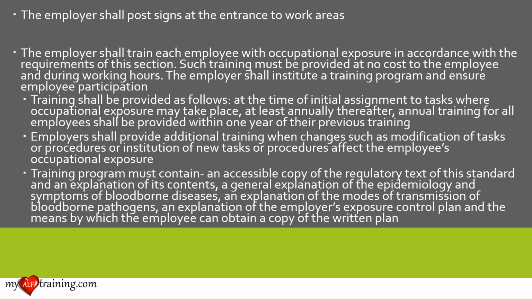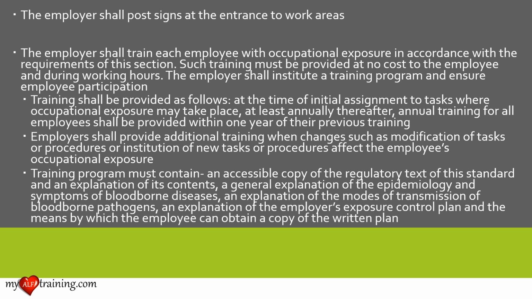Annual training for all employees will be provided within 1 year of their previous training. Employers will provide additional training when changes such as modification of tasks or procedures or institution of new tasks or procedures affect the employee's occupational exposure.